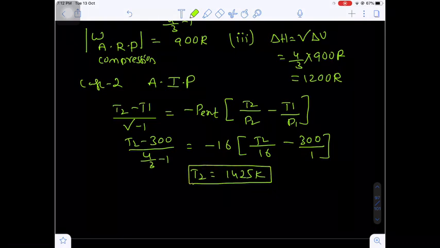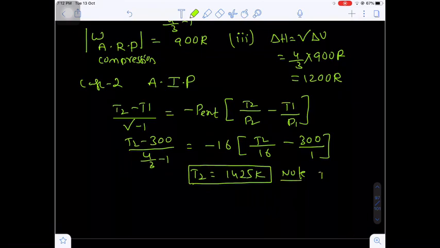This final temperature is greater than that of the adiabatic reversible process. That means the final temperature in the adiabatic irreversible process is always greater than in the adiabatic reversible process. Again I am repeating the same note. What is the note I am writing?